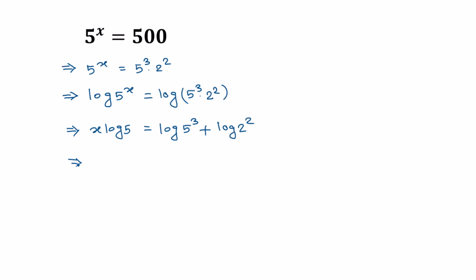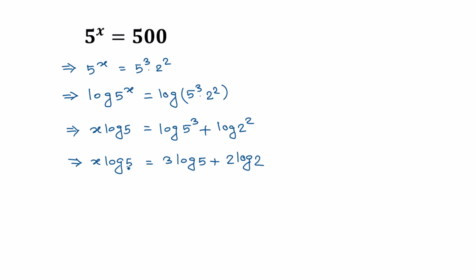So the left side is x times log of 5 is equal to, again applying the formula log a to the power b is equal to b times log a, we can write this as 3 times log of 5 plus, similarly applying the same formula here, log 2 square, we can write this as 2 times log of 2.